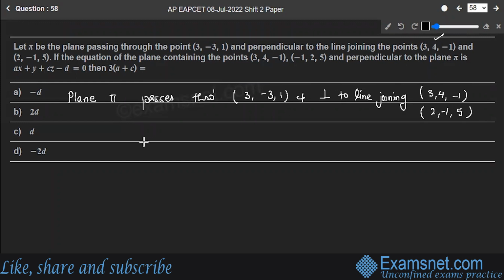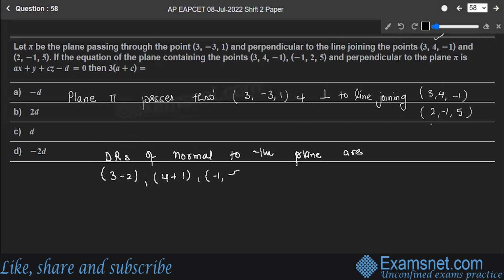Now the direction ratios, not cosines, of the normal to the plane are given by 3 minus 2, 4 plus 1, minus 1 minus 5, which is equivalent to 1, comma 5, comma minus 6. These are the direction ratios of the normal to the plane.